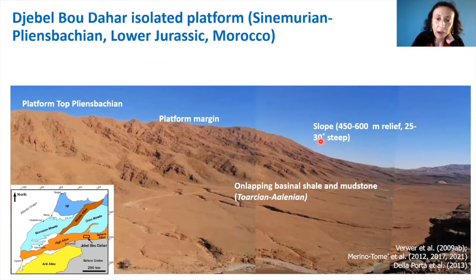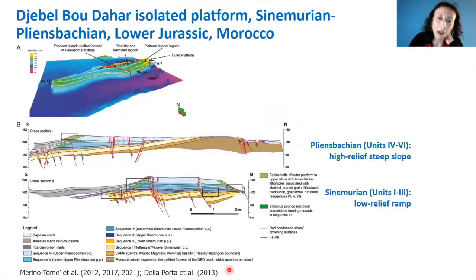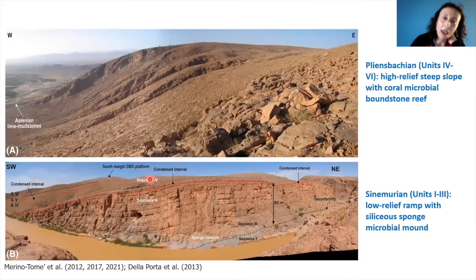The Jebel Bou Dahar carbonate platform had a complex vertical evolution, starting as a low angle system with ramps and mud mounds on the ramp, and then developed a high relief geometry with microbial boundstone and coral reef at the platform margin. Two outcrop photos of these phases are shown here.